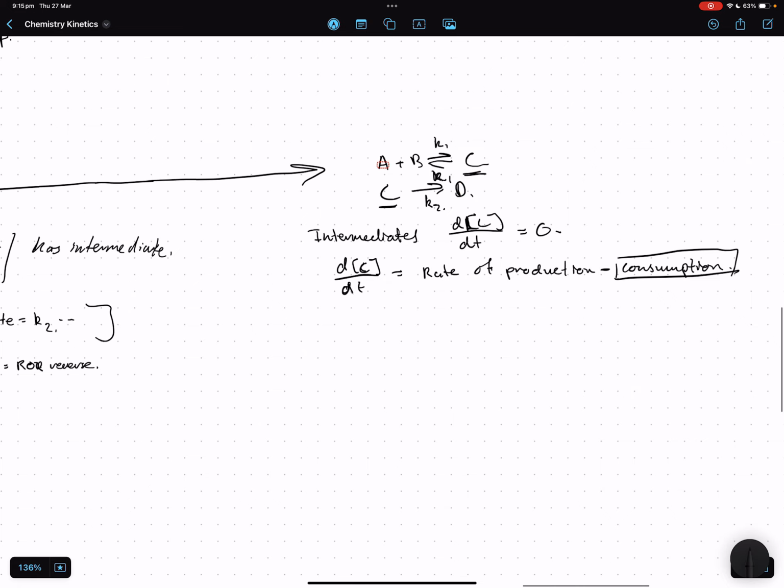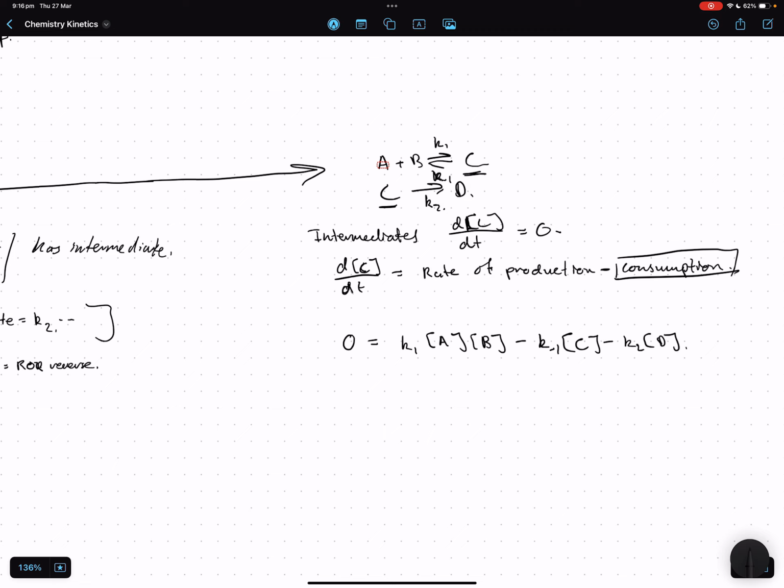So the rate of change, we assume, is 0. So 0 is equal to the rate of every time that it's produced. It's produced in this equation, k1[A][B], and because they're elementary steps, they're raised to the powers, minus k-1[C], because it's being consumed in the reverse reaction of C, minus k2[C], because it's being consumed.